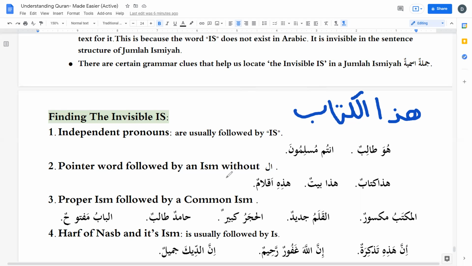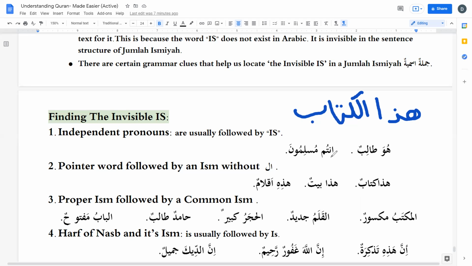If Isme Ishara is followed by al, then it's a pointer fragment, not a sentence. But if a pointer ism, Hada or Tilka or Zalika, is followed by an ism without al, then this is a jumla, and "is" comes just after the pointer word. This is a book. This is a house.